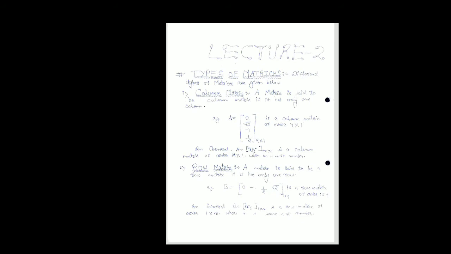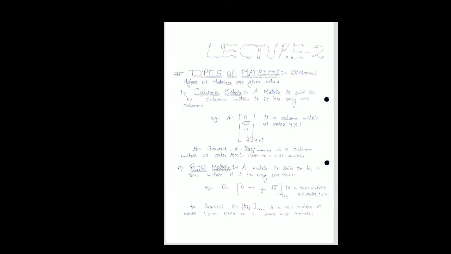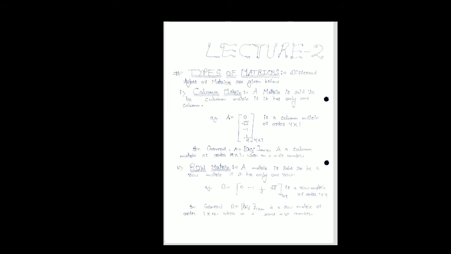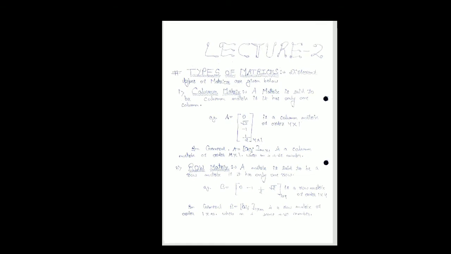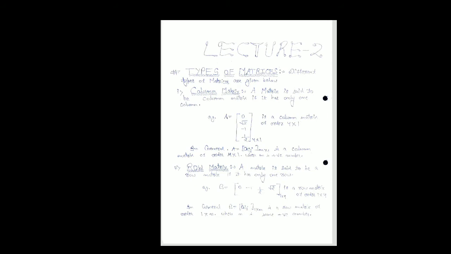Here we have taken a matrix of this type. We denote this matrix by capital A and its entries are 0, root 3, minus 1 and 1 by 2. Now if you watched the previous video, you can easily define the order of this matrix A. So its order becomes 4 cross 1.